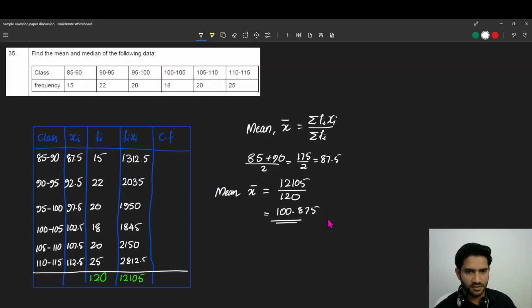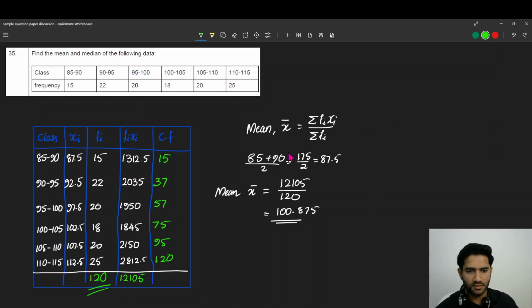Now we need to find the median. For the median, we need cumulative frequency. Cumulative frequency here is 15. 15 plus 22, 37. 37 plus 20, it is 57. 57 plus 18, 75. 75 plus 20, 95. 95 plus 25, you'll get 120, because we already know that sigma fi is equal to 120.